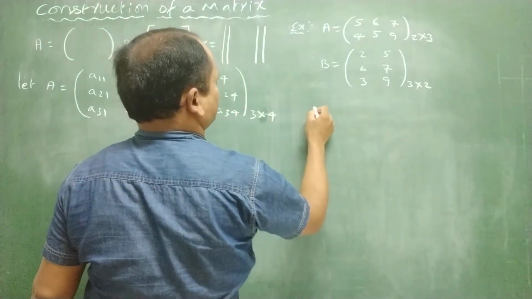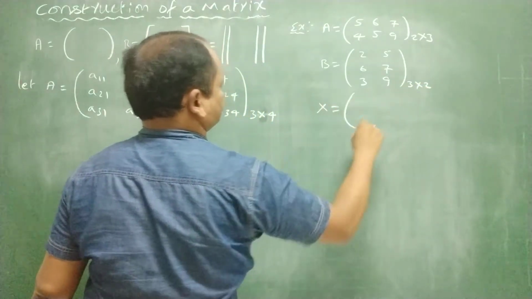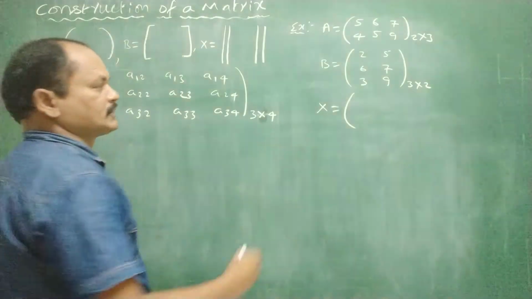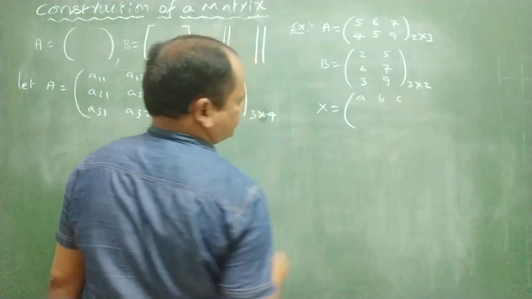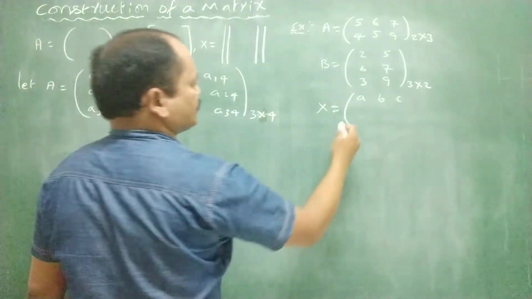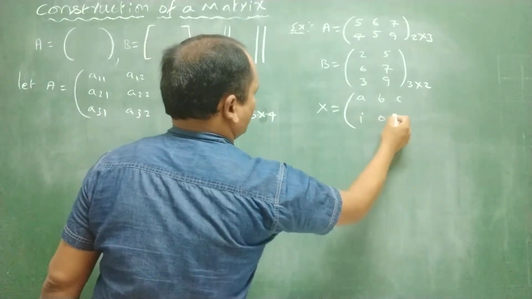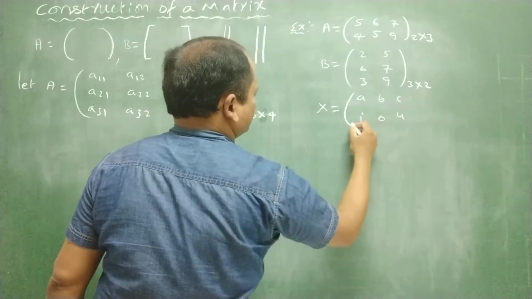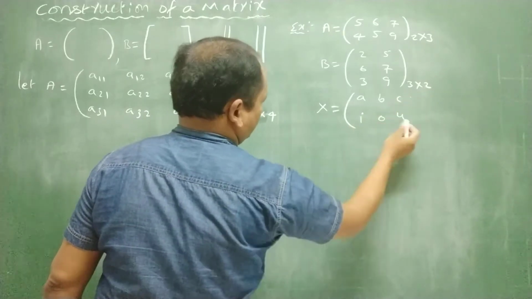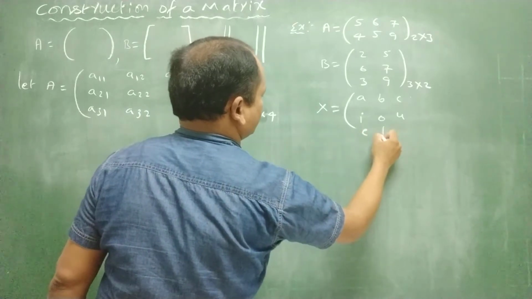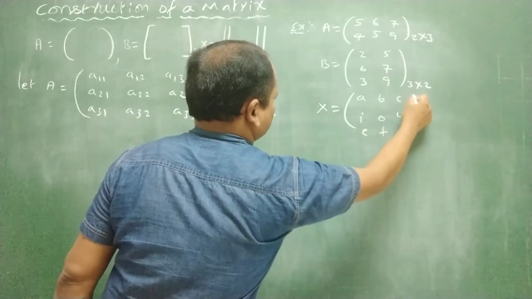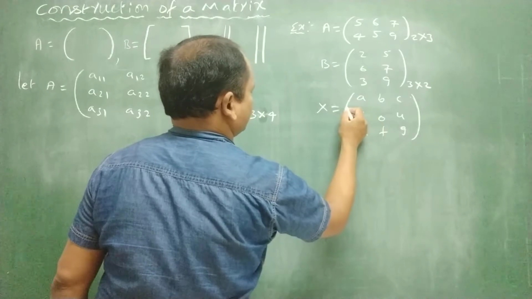Another matrix, we take capital X is equal to a, b, c, i, o, u, e, f, g.